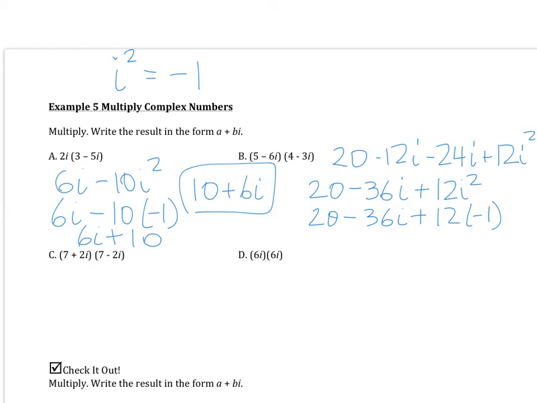So we have 20 minus 12, which is 8. I'll box that out too.